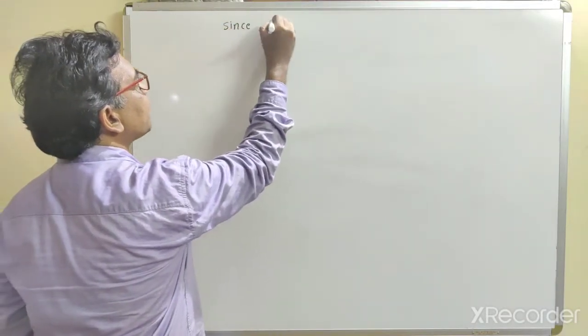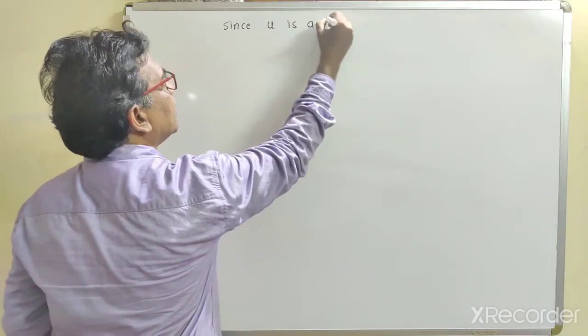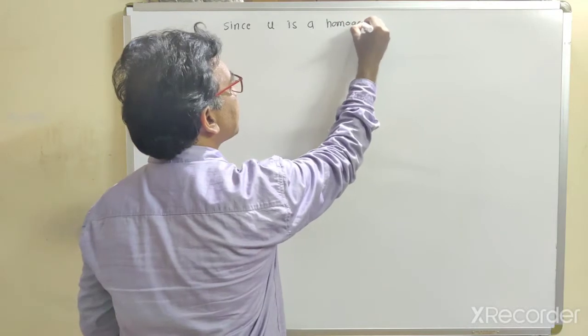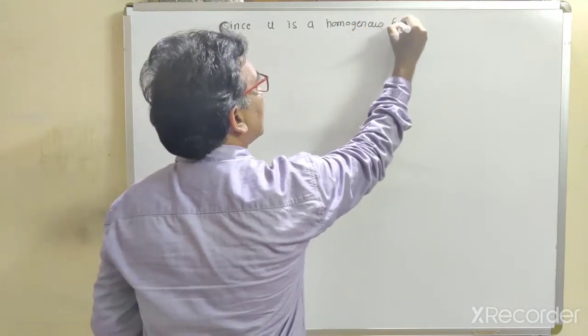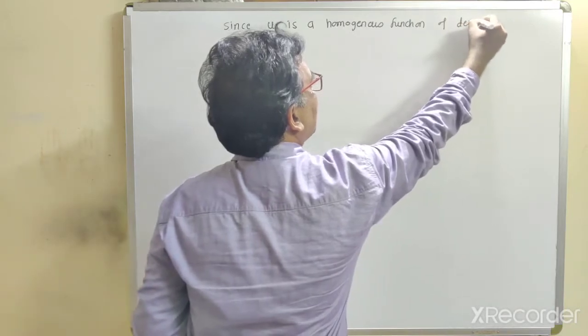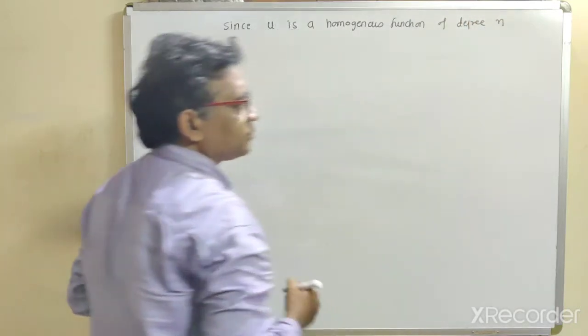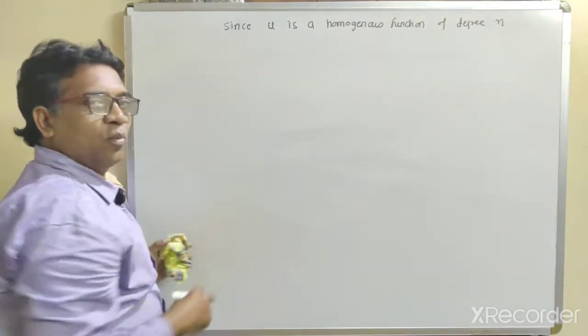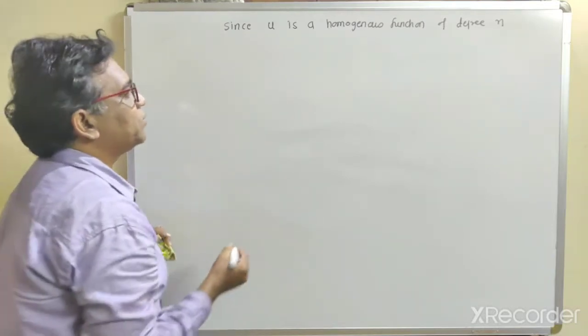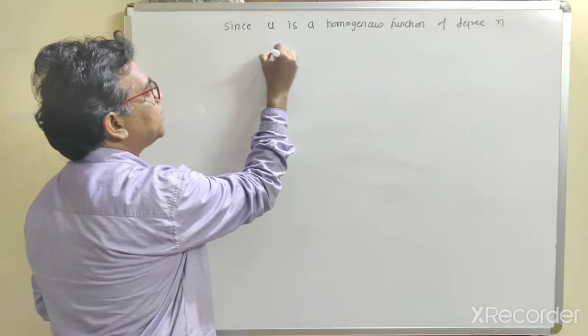Since u is a homogeneous function of degree n, we can apply the Euler's theorem.